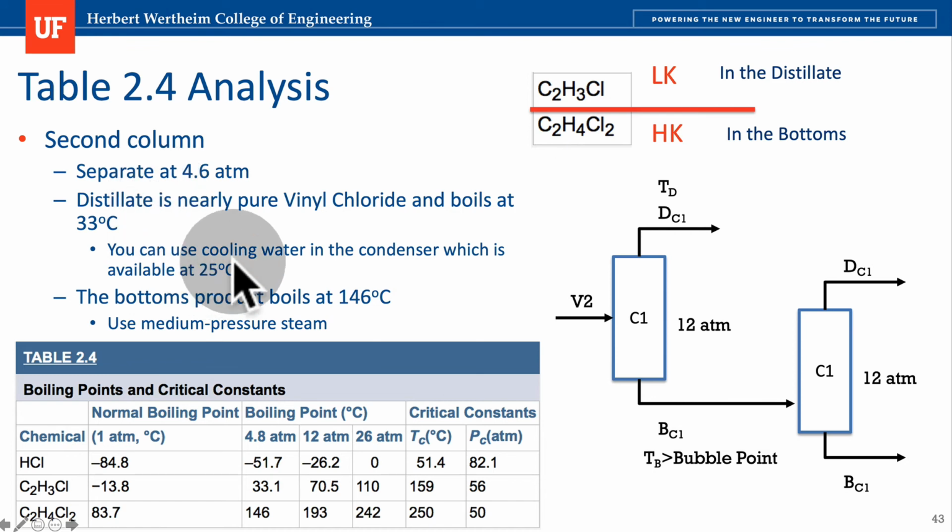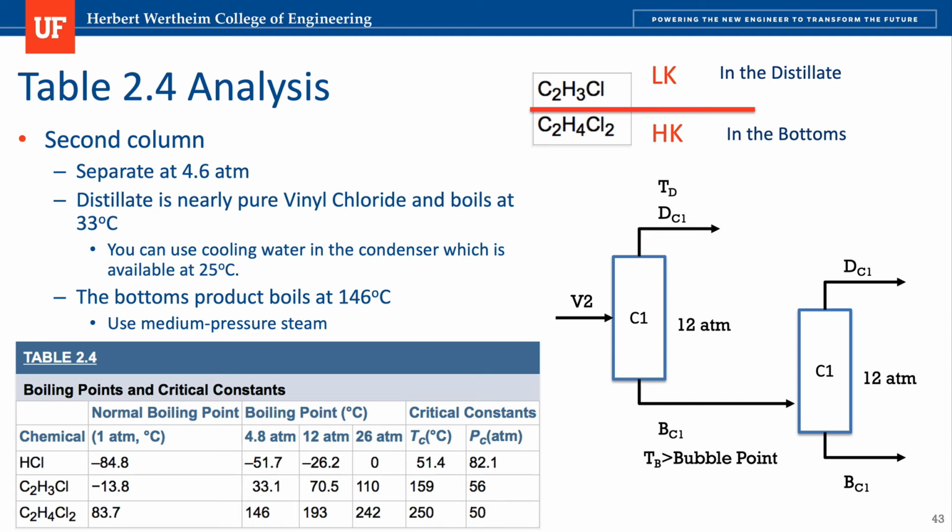Here, since you already separated the HCl, you can just look at milder conditions. You can separate at 4.6 atmospheres. The distillate is nearly pure vinyl chloride and boils at 33 degrees.